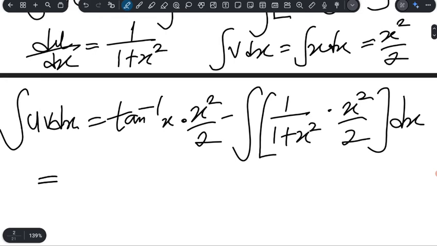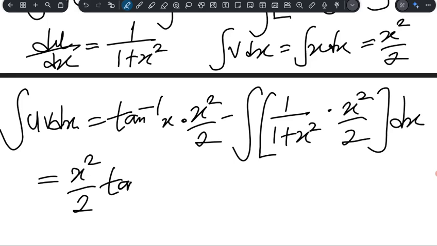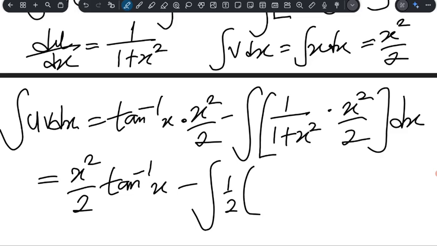So let's bring this x squared over 2 to the front: x squared over 2 arctan x minus the integral, and let's bring this half also into the integrand, we have x squared over 1 plus x squared, you close the bracket and dx.